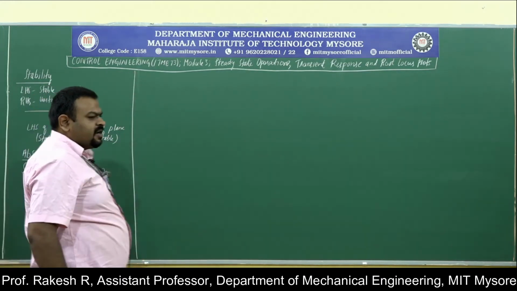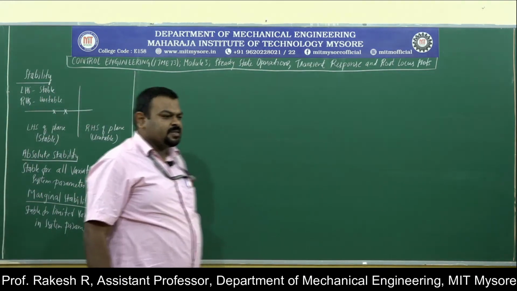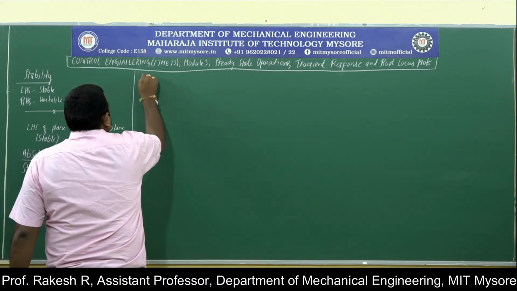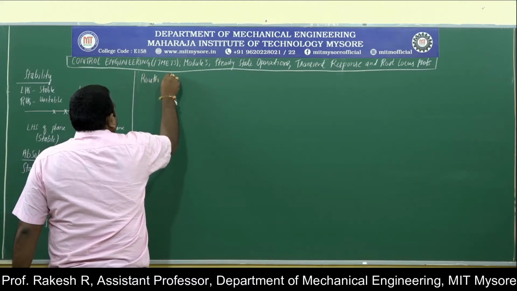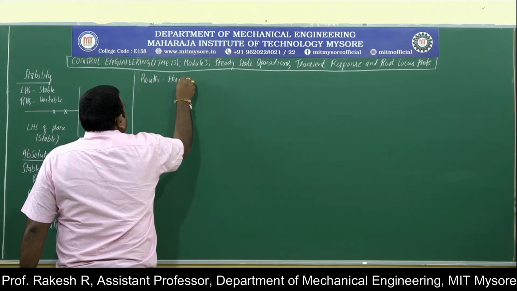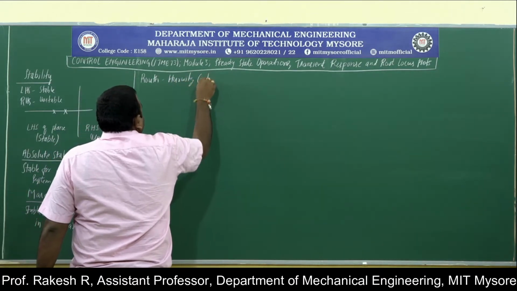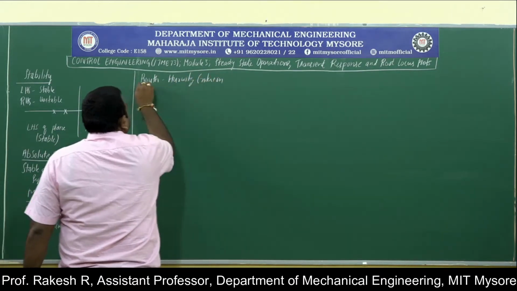And in order to make this feasible, scientists called Routh-Hurwitz proposed one criterion.